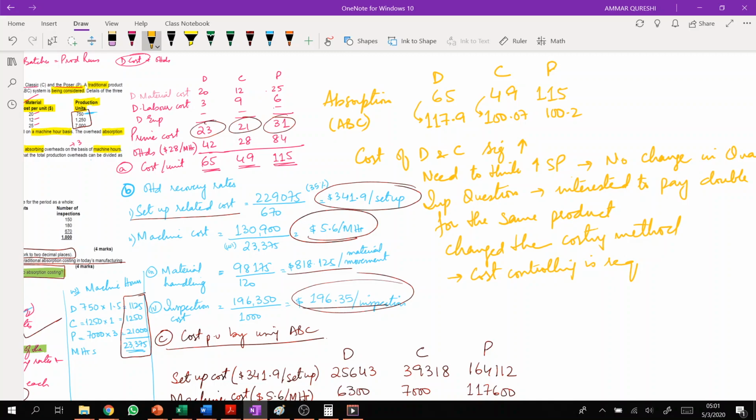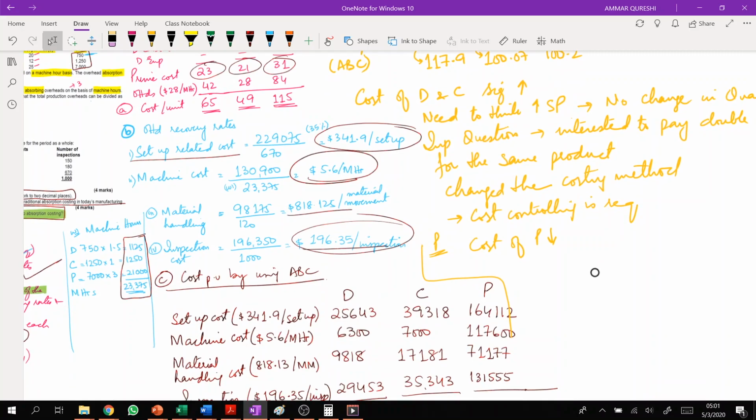Now what about product P? The cost of product P decreases, right? Again the same question: whether we should decrease the selling price accordingly. One answer is that if we are not increasing the selling price, we must not decrease the selling price.